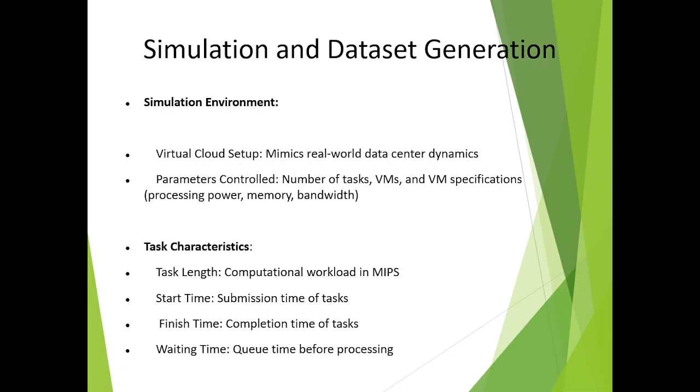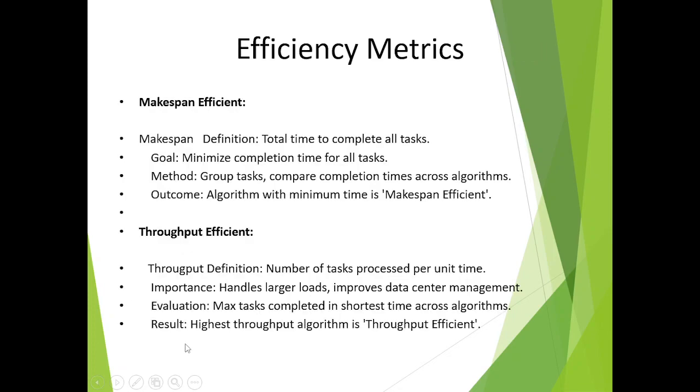When we run one of the algorithms in CloudSim, the features that we get are task length, start time, finish time, and waiting time of that respective algorithm. So let us look at the efficiency metrics.